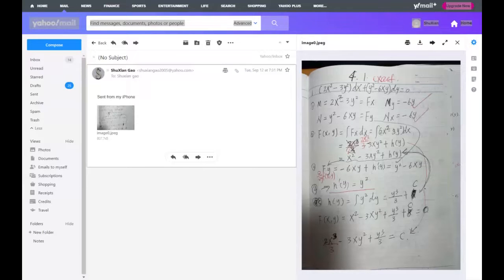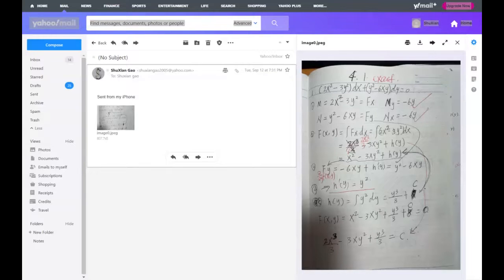First of all, I look for which one is M and which one is N. M is 2x squared minus 3y squared, equal to f_x, and N is y squared minus 6xy, equal to f_y. Then you need to check M_y equals N_x. So M_y is the partial derivative of M with respect to y.